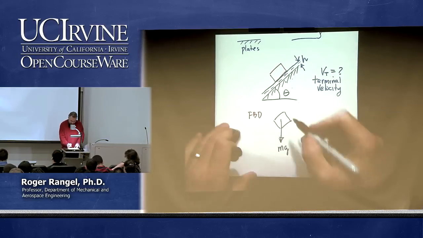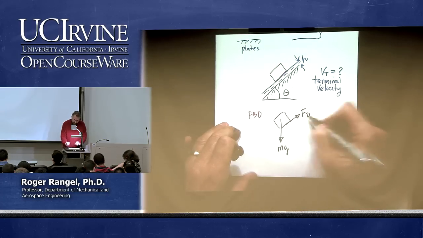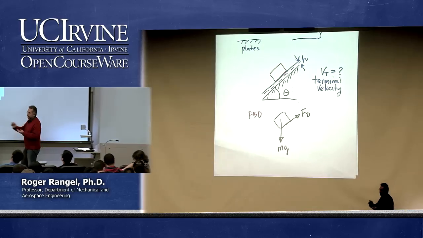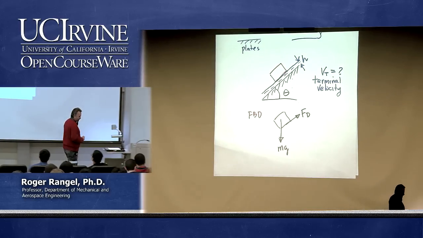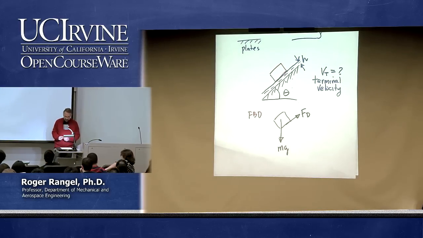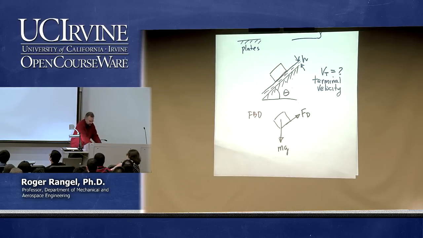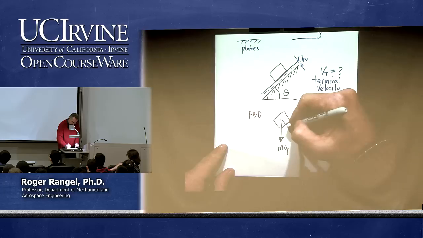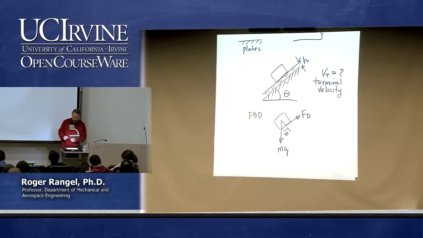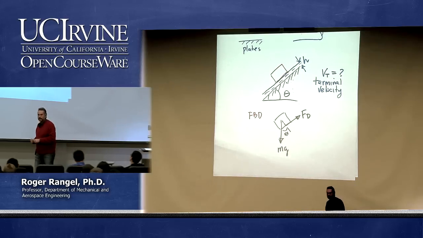So there will be some force down here, which we can call the drag force, due to that film of oil on the surface. And if I am told that I am reaching terminal velocity, what does that mean? And of course, I can put the angle. The angle theta is this angle.